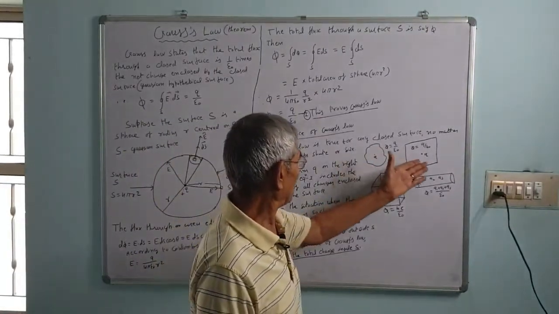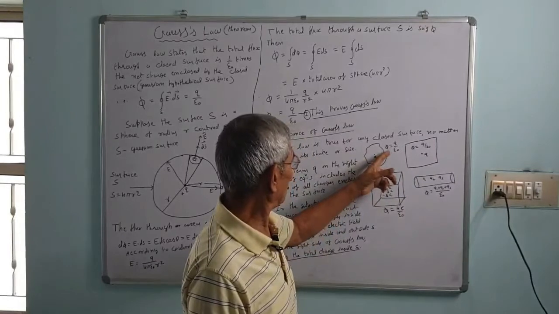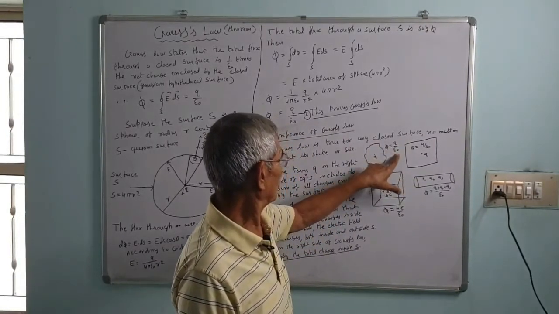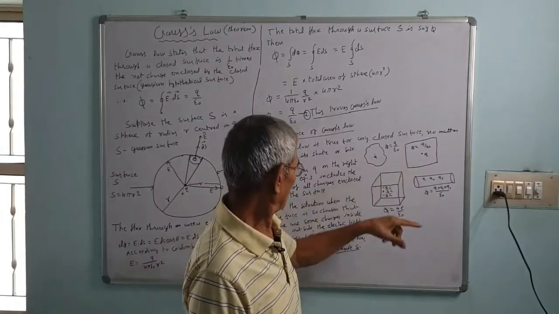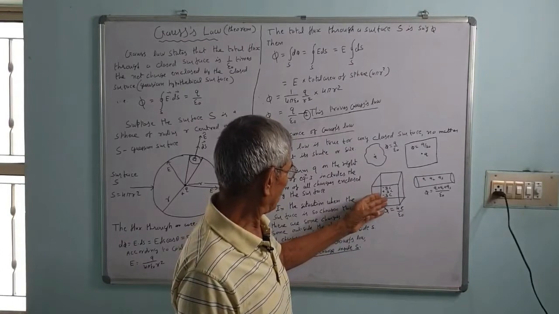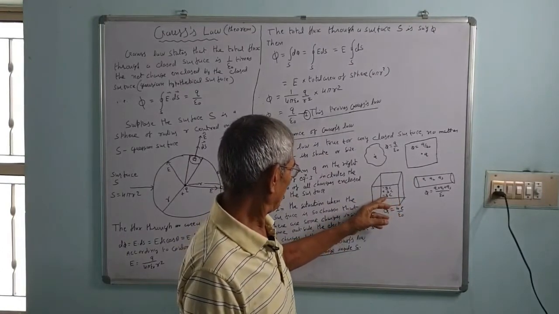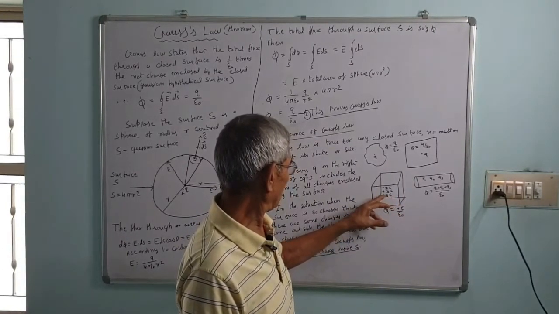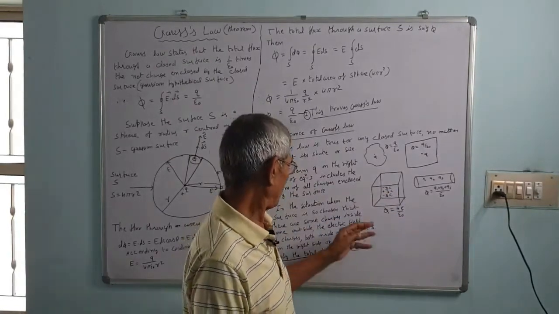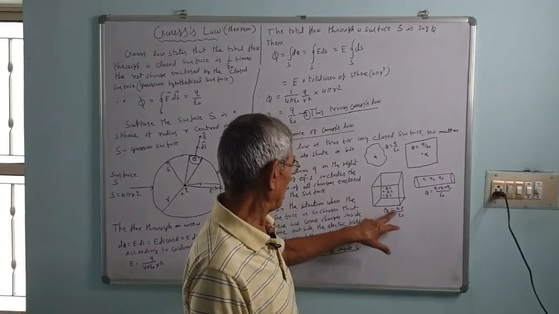Surface may be of any shape. If the charge is q, the flux phi through the surface is given by the Gauss law, q upon epsilon 0. Correct? May be any shape. Suppose total charges are distributed over the surface of a cube: minus 5 coulomb, plus 3 coulomb, and minus 3 coulomb, at different positions or points. Then total flux phi is equal to the net charge.